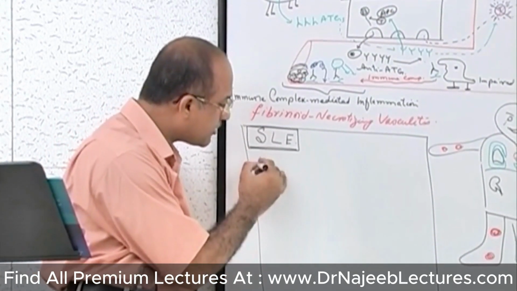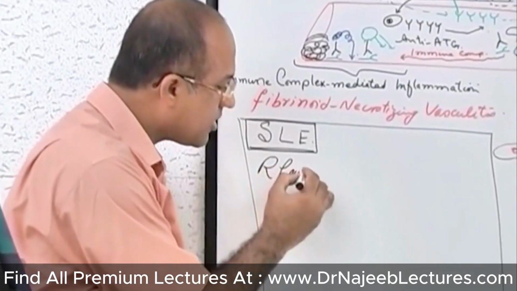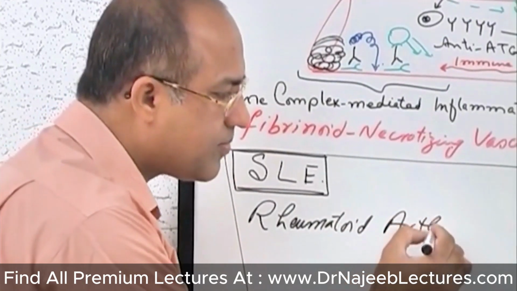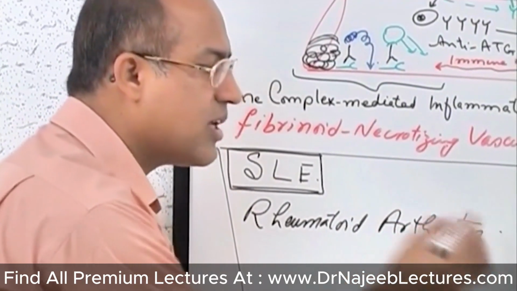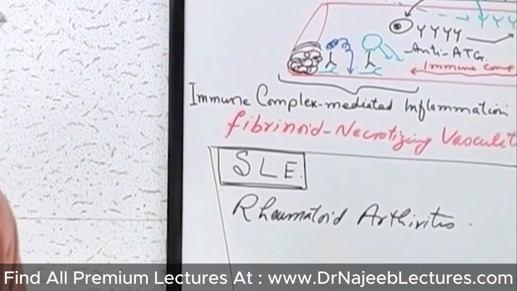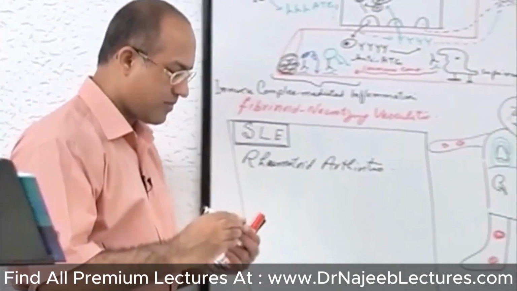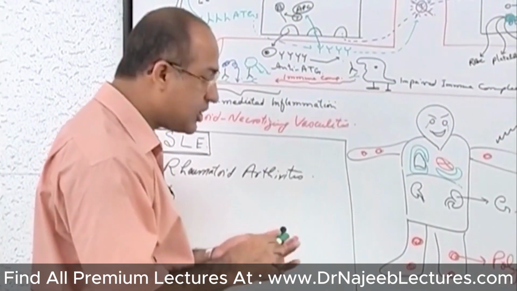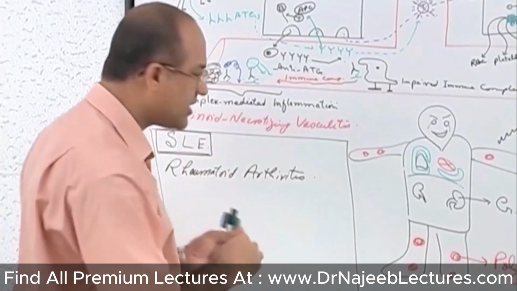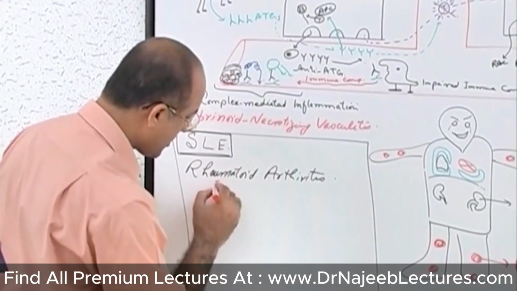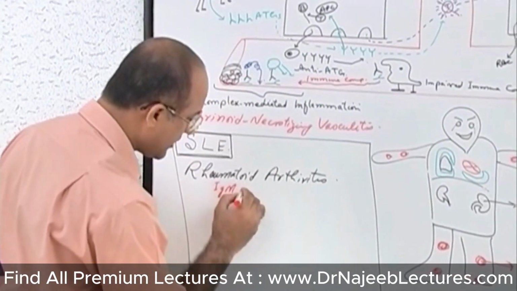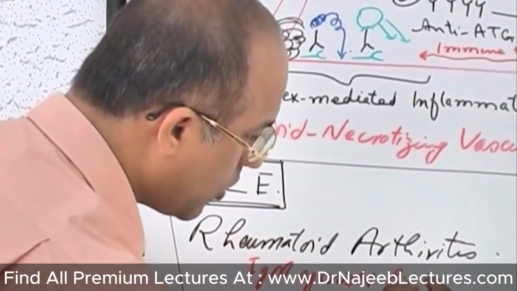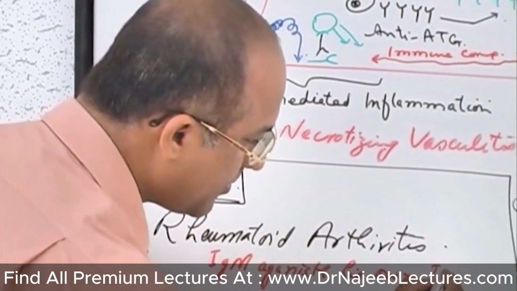Another classical example is rheumatoid arthritis. In rheumatoid arthritis, what really happens? The patient has developed IgM against his own IgG.